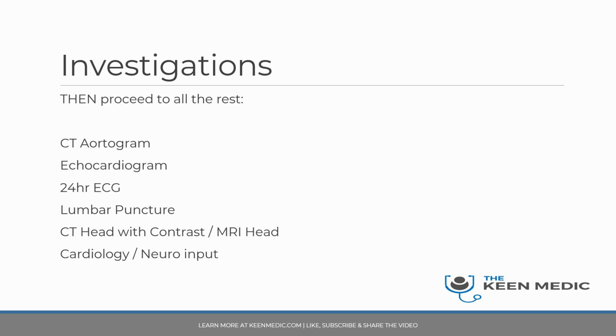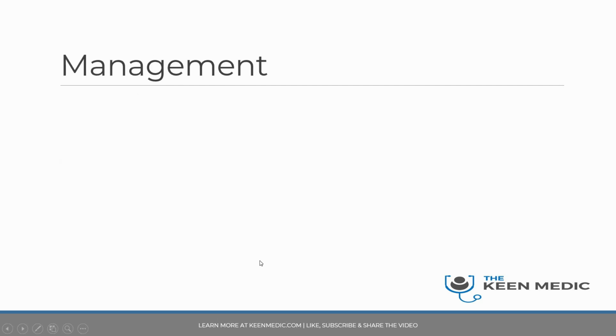You may not necessarily have the authority or the expertise or the facilities to put in a reveal device, right? So that's why you need to ask for help from cardiology and neurology. Okay, so how do you manage? In terms of management, this depends entirely on the cause, again, presuming you have found the cause.